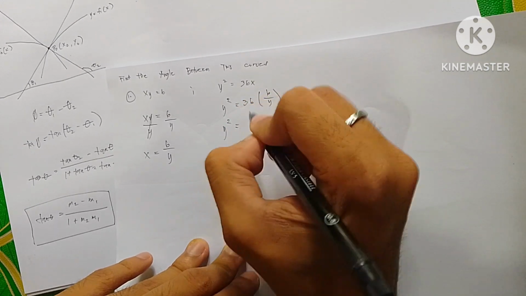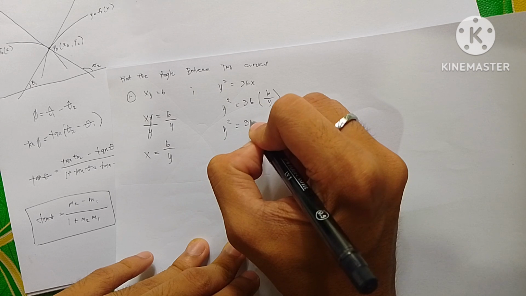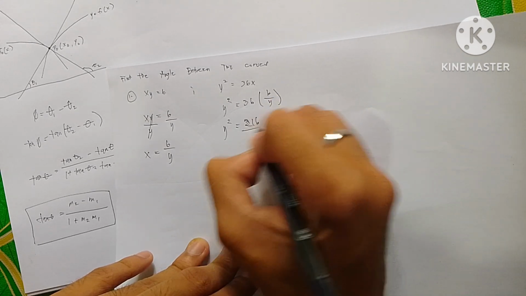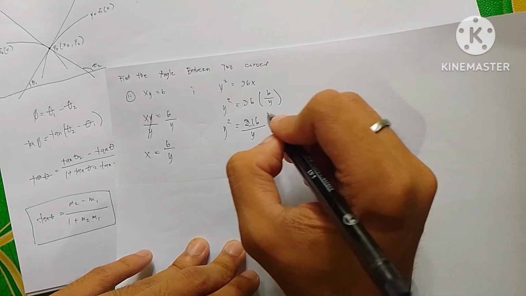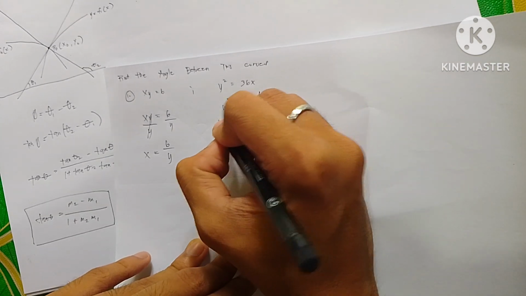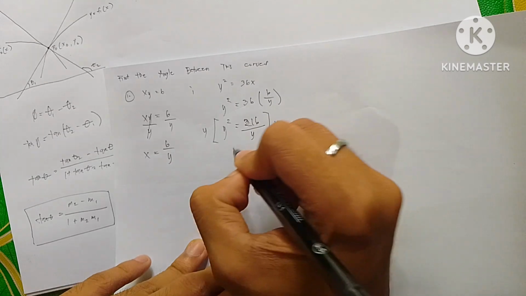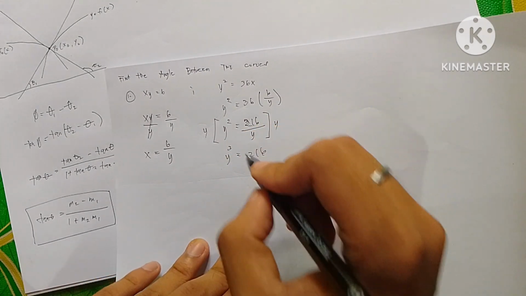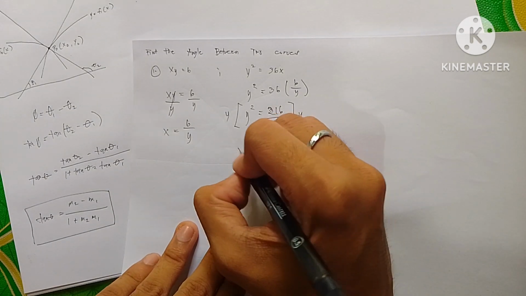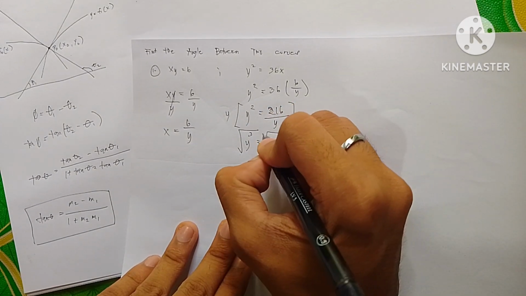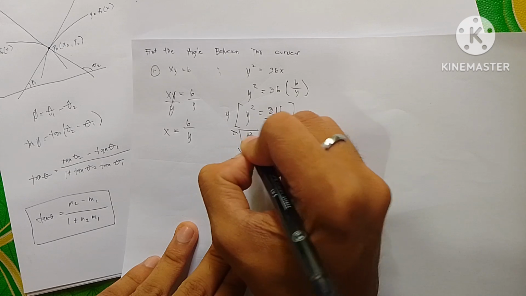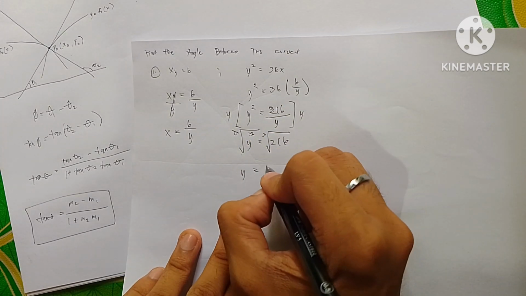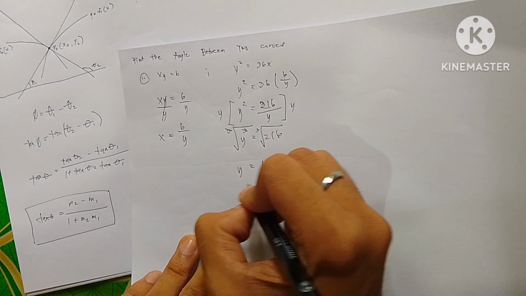So y squared equals 36 times 6 over y, which is 216 over y. Then we multiply both sides by y and get y cubed equals 216. Taking the cube root of both sides, the cube root of 216 is 6, so we have y equals 6.